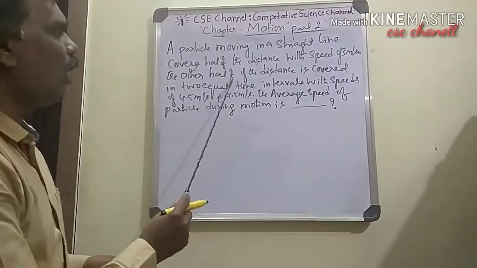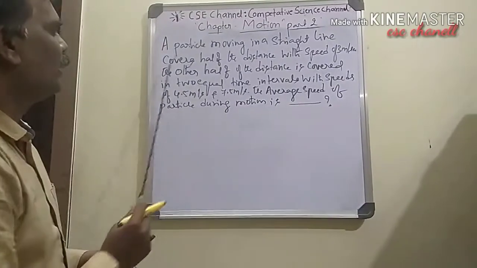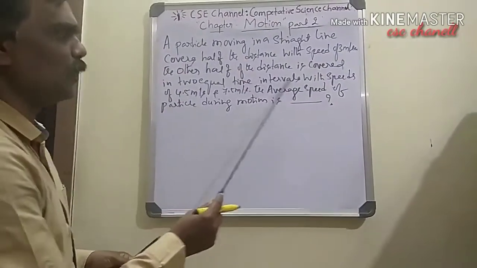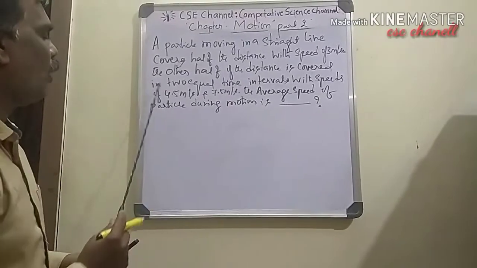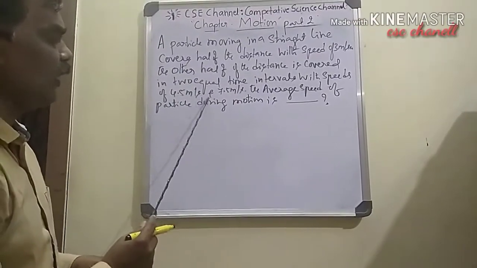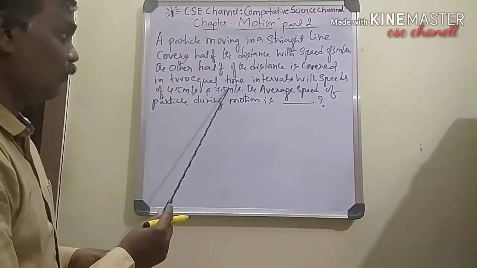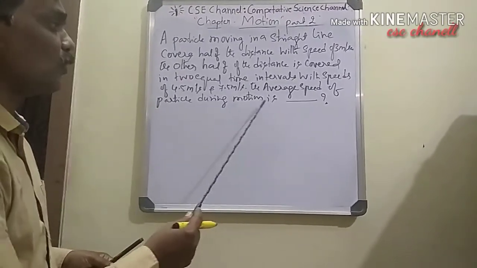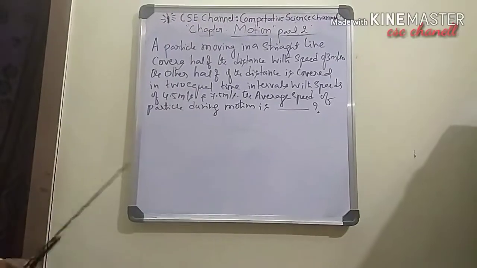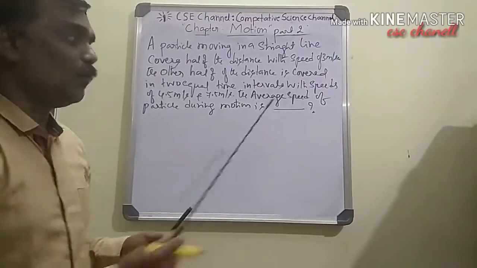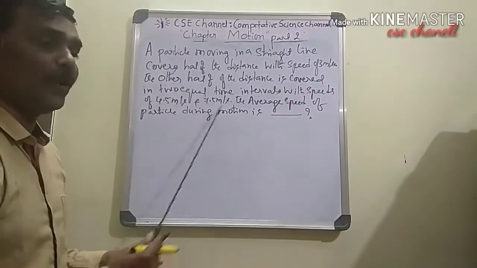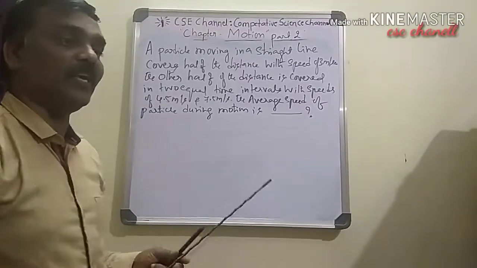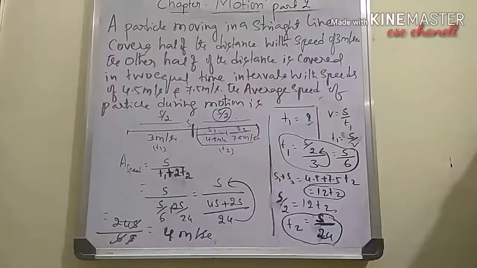The other half of the distance is covered in 2 equal time intervals with speeds of 4.5 meter per second and 7.5 meter per second. The average speed of the particle during the motion is, options: 4 meter per second, 5 meter per second, 5.5 meter per second, 4.8 meter per second.